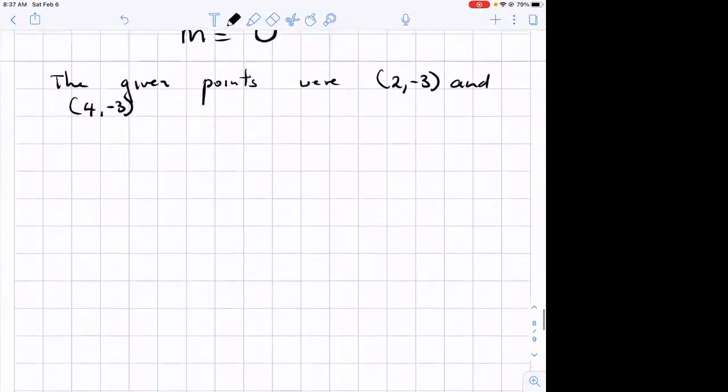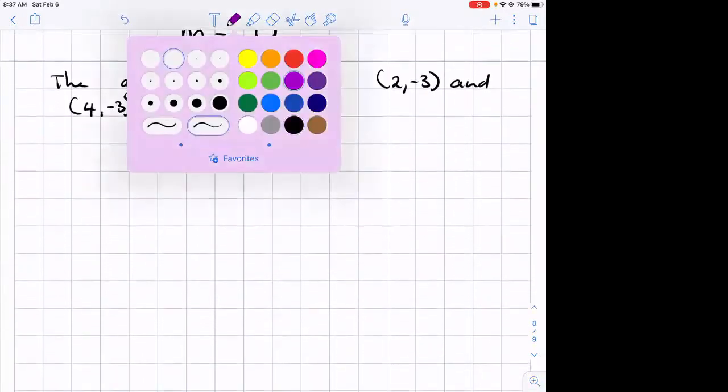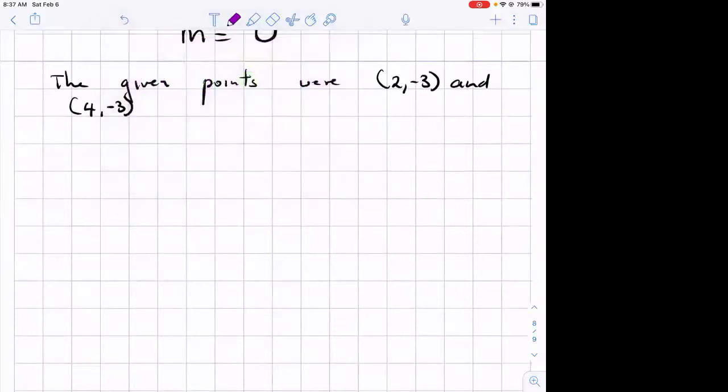See if you plot these 2 points, connect a line passing through them, we will be able to see if that line is a horizontal line.